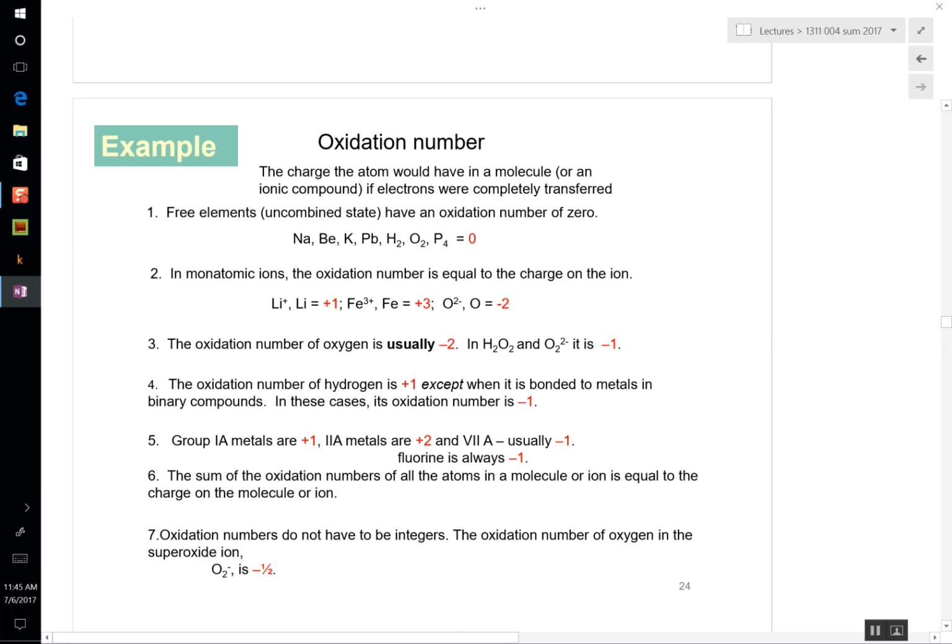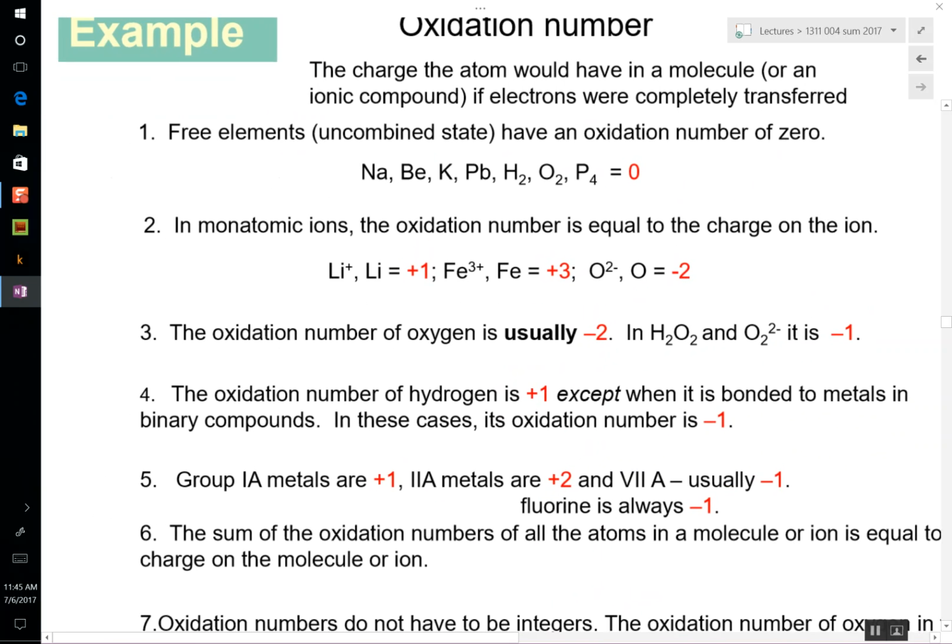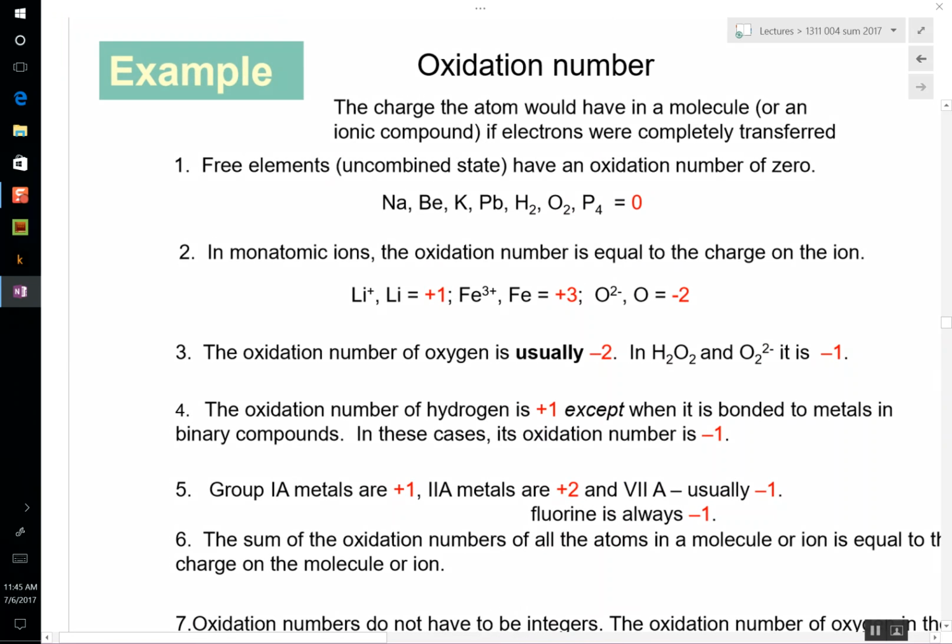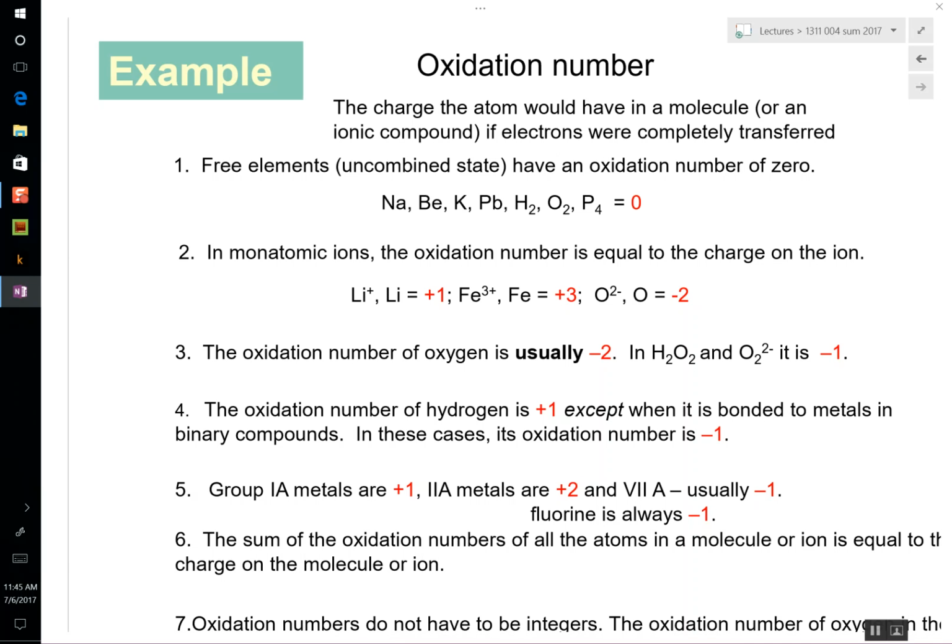First of all, rule number 1. Free elements. So anything that shows up in a chemical equation in its elemental form is going to have an oxidation number of 0.